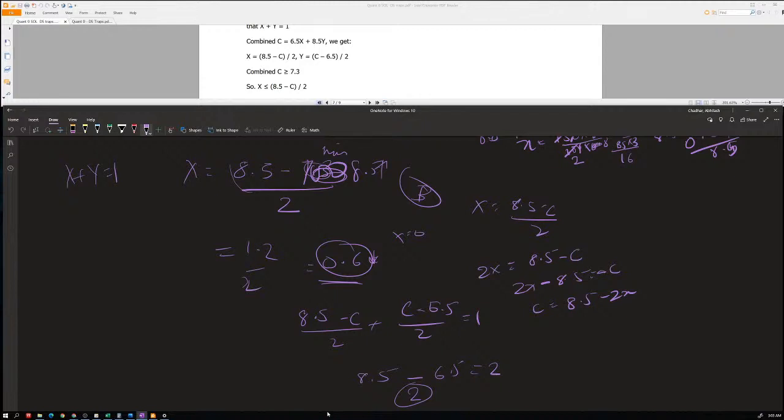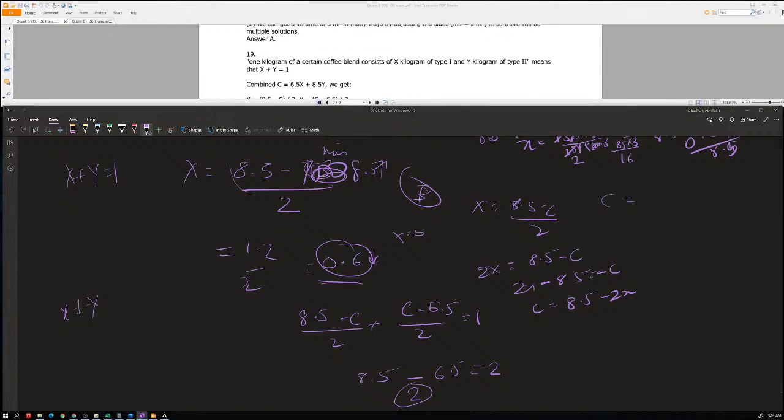So basically, you can put x is equal to 1 minus y and solve that equation, get y, and then c is equal to 6.5. Then if I want x, I'll put 1 minus x here, 8.5 into 1 minus x here.